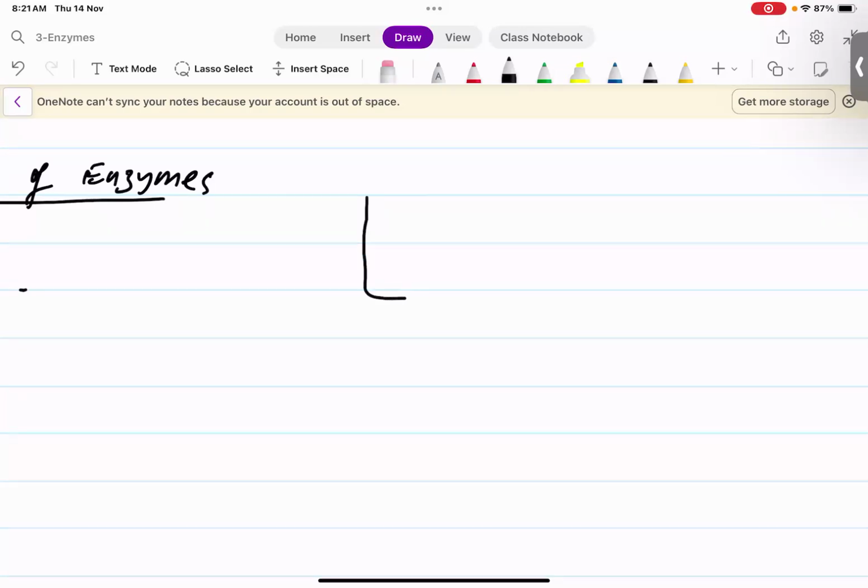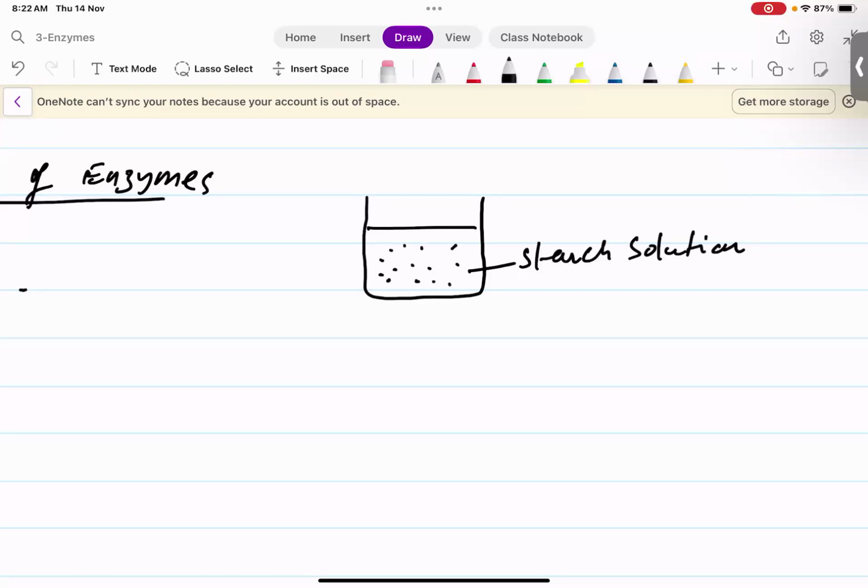enzyme catalyzed reaction, for example, we have this starch solution here, and we add amylase solution into it.